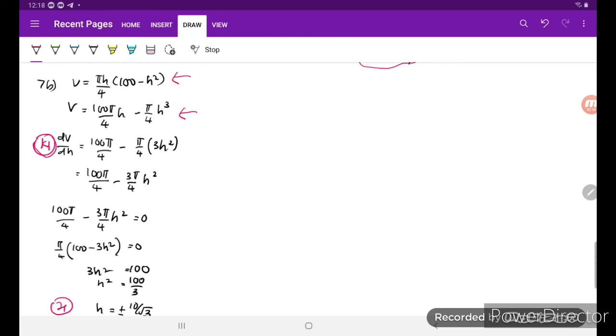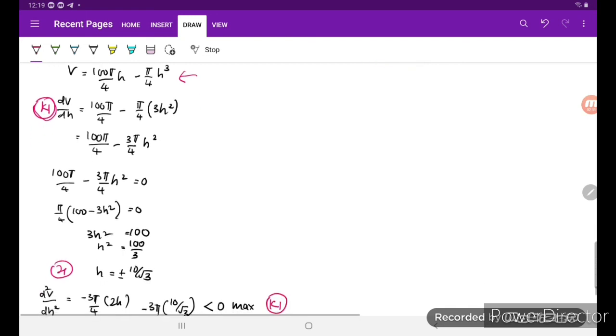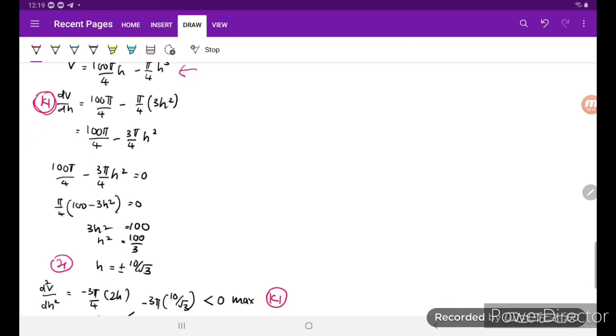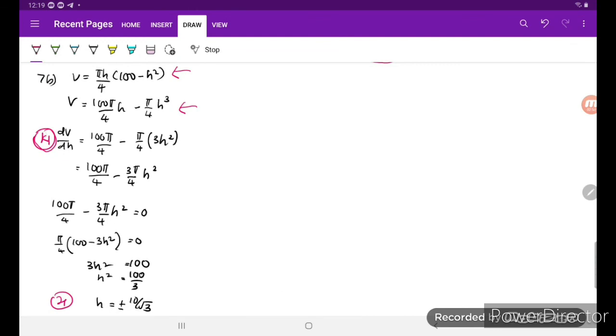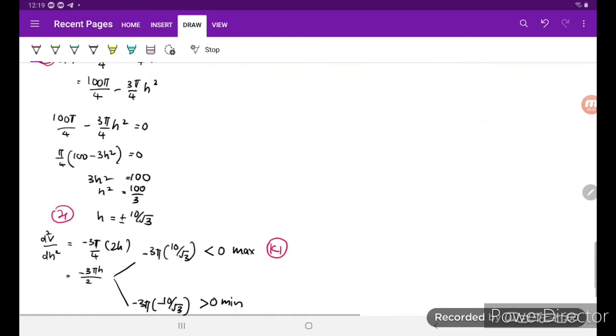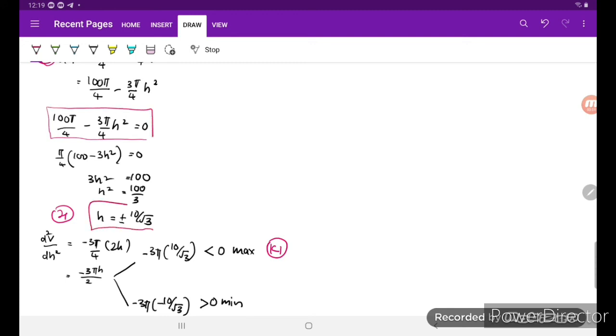I differentiate, I will get 1 mark here, and then equalize with 0, and then I will get my h. This is my h, so I will get another mark, J1.